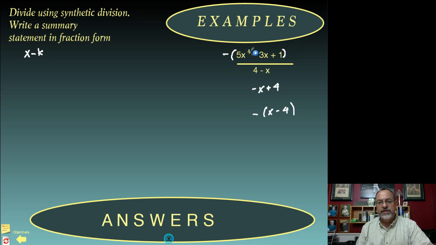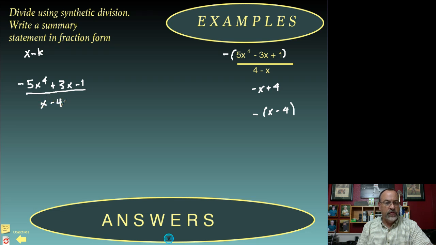So that's going to change the sign of all of these, which is going to make my expression now negative 5x to the 4th plus 3x minus 1 divided by x minus 4.